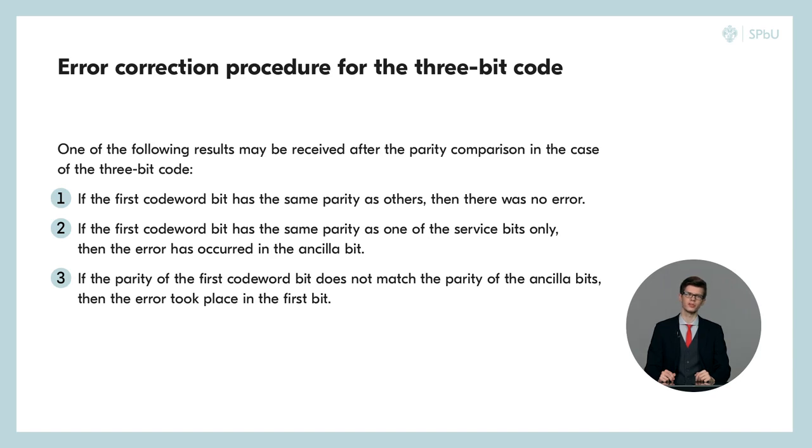And the third possible situation is when the first bit's parity doesn't match the parity of ancilla bits at all. In this situation, we have an error in the first bit. The corresponding code word is 100.